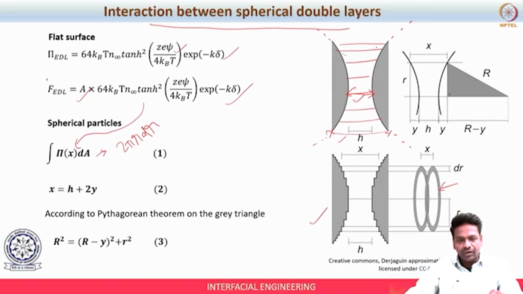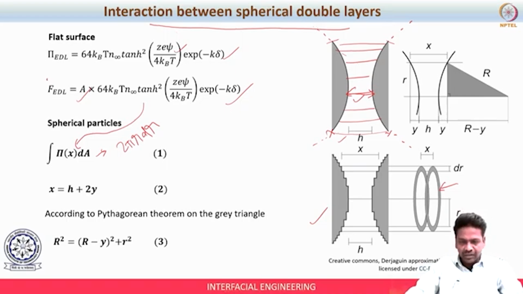Only this part of the curved surface will be directly related, because the molecules see each other, whereas from this point you can see that they are away from the projected area.